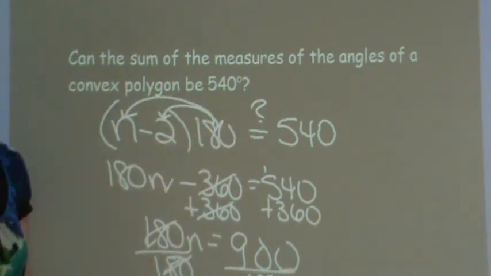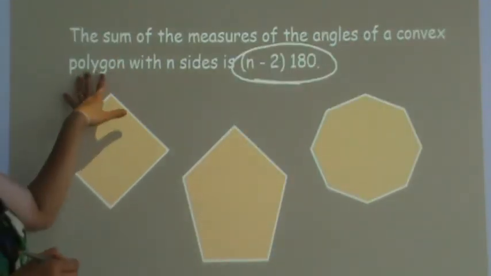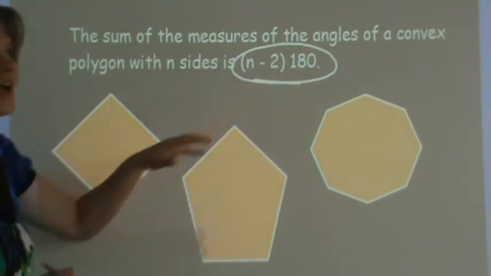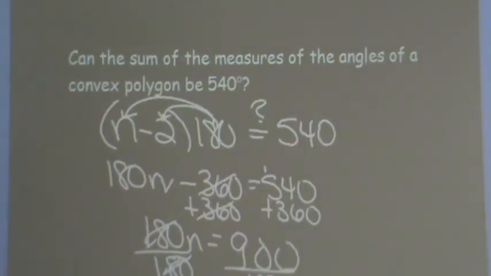We got an answer of 5. Well, let's look back to the other page. It tells us it has n sides. That's what n represents, the number of sides. Well, can a polygon have 5 sides? Yeah, it's a pentagon, right? So we would say, yes, it can equal 540 degrees because it would be a pentagon.